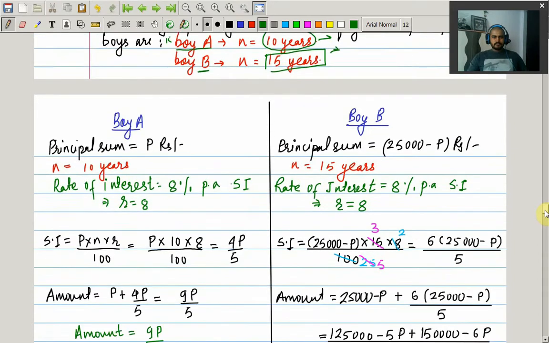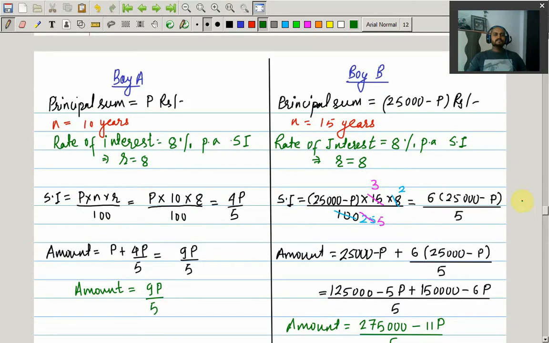So here I have the details of those two boys, boy A and boy B. Principal given to boy A is P and for boy B is 25,000 minus P. For what time are they keeping their money? Boy A was 15 years, so he is keeping it for 10 years.